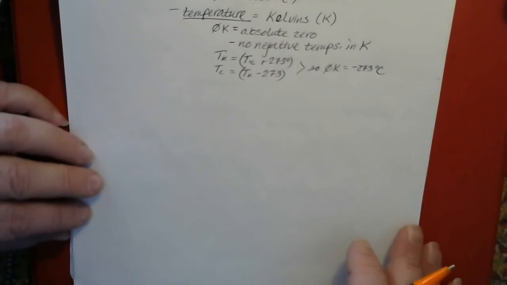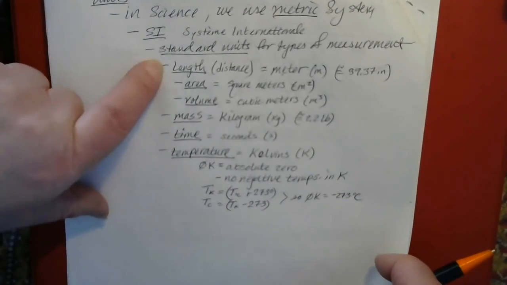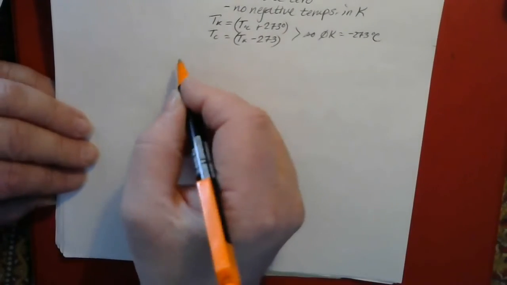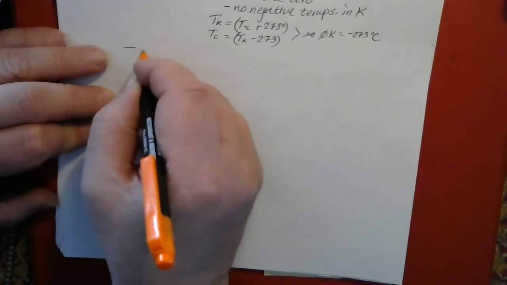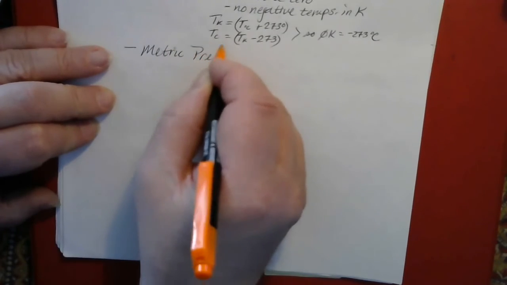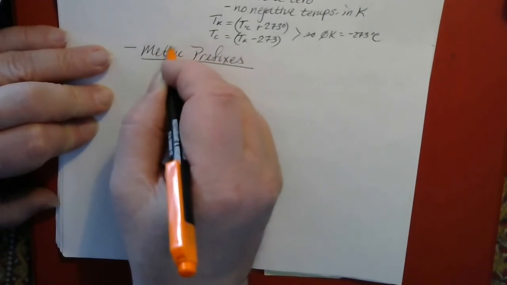Okay, so we've got the standard units used for various types of measurements in the SI system. And now we need to mention the metric prefixes.